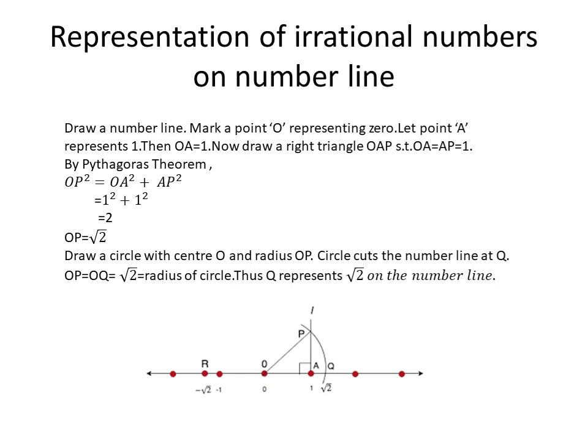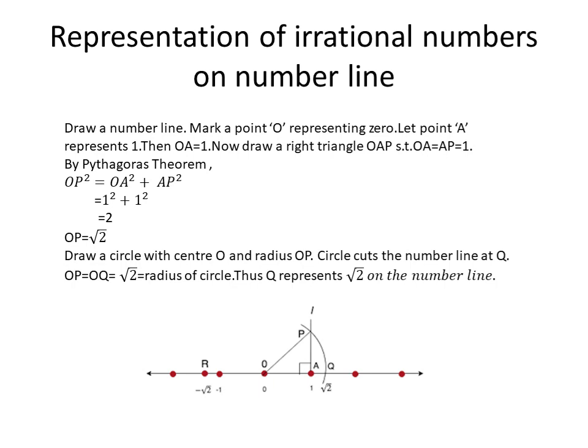Now, in order to represent irrational numbers on the number line, just draw the number line, mark a point capital O representing 0 or the origin. Let point A represent 1, then OA will be 1 unit. Now, draw a right triangle OAP such that OA is equal to AP is equal to 1.